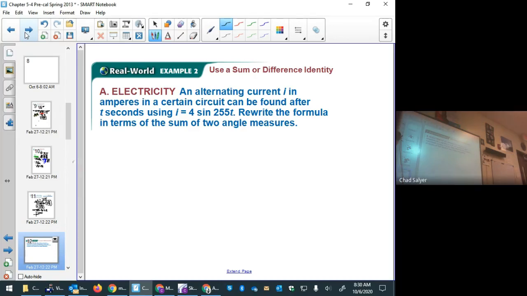One of the things they use to determine the current in a circuit are formulas like this that involve trig functions. Now, one thing you have to be conscious of in electrical engineering or electrical circuit analysis, I no longer means the imaginary unit. So I is current and J is the imaginary unit.